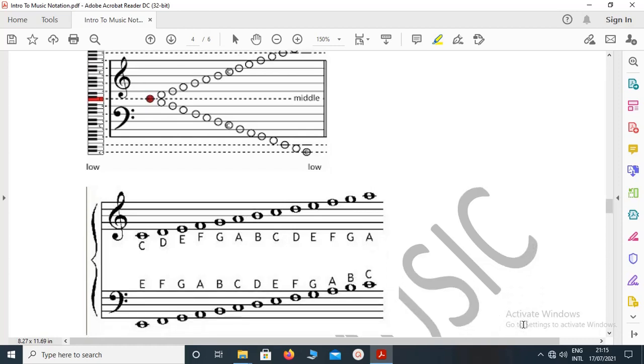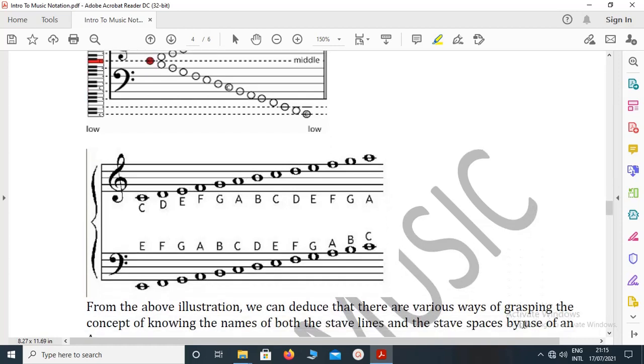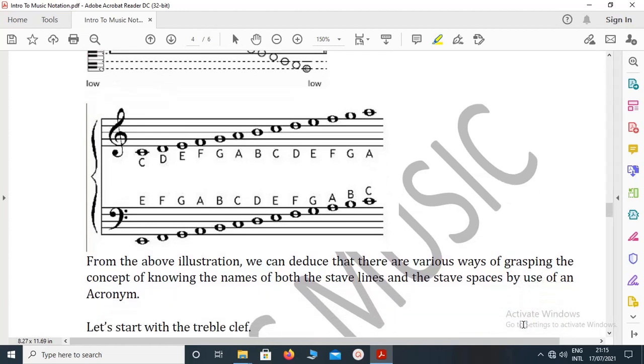Now, in the next image I want to show us, from the above illustration, that there are various ways of grasping the concepts of knowing the names of both the stave lines and the stave spaces by use of an acronym or an abbreviation. So the two elements may sound the same, may not sound the same, but we try to bring out how best we can help people to grasp these namings.